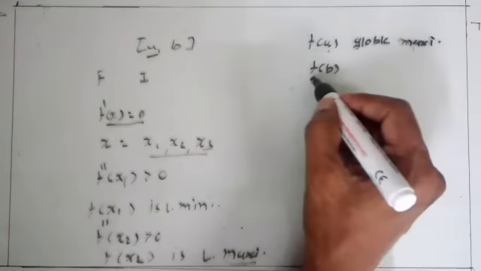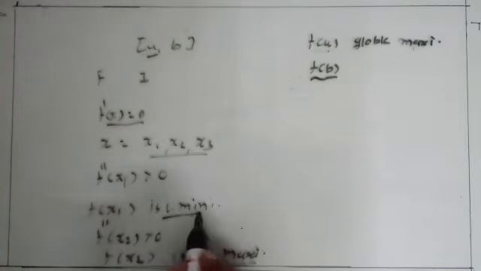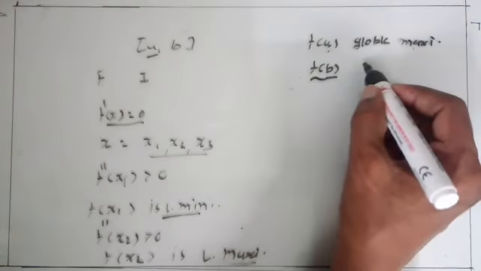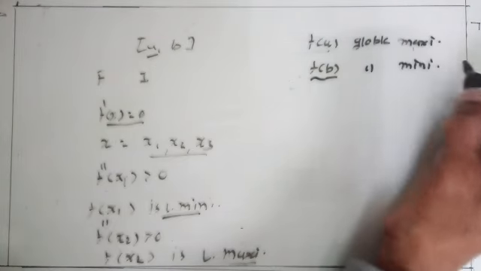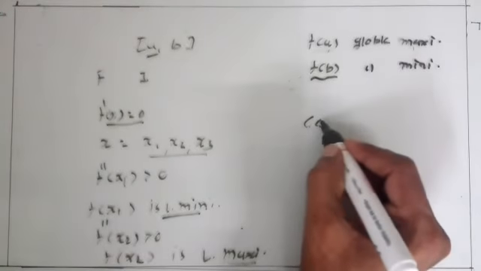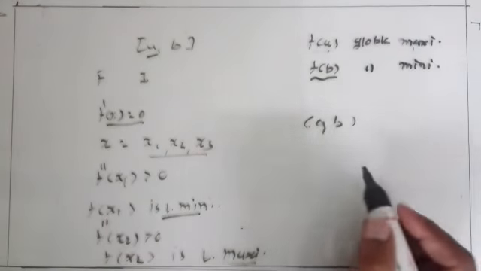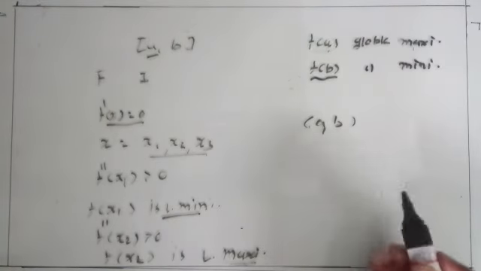Clear? And f(b) is less than all minimum values, then f(b) is called global minimum. Clear? In open interval (a, b), we only find local minimum and local maximum. Remember this. Now here working rules are given.